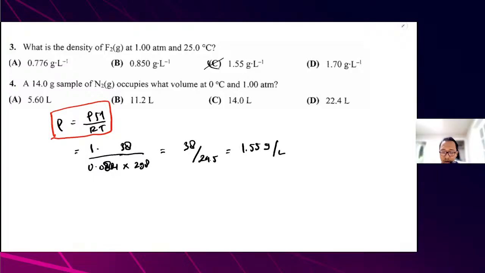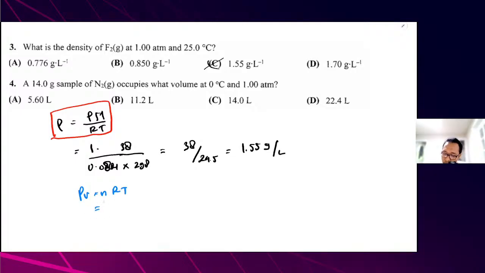Then number 4: a 14-gram sample of N2 in the gas phase occupies what volume at 0 degrees Celsius and 1 atm? The question is about the volume, so we can use PV equals nRT.